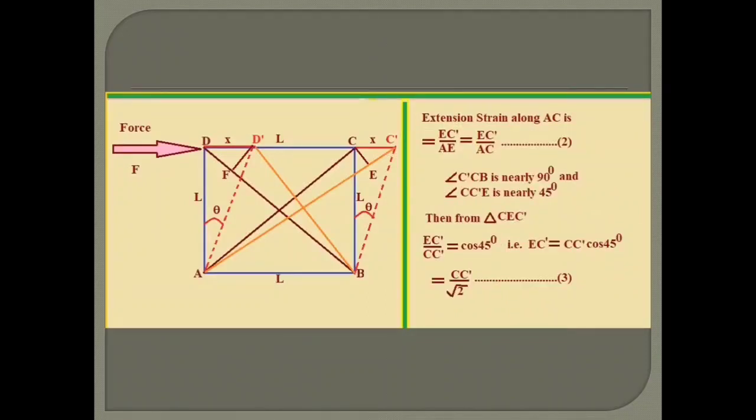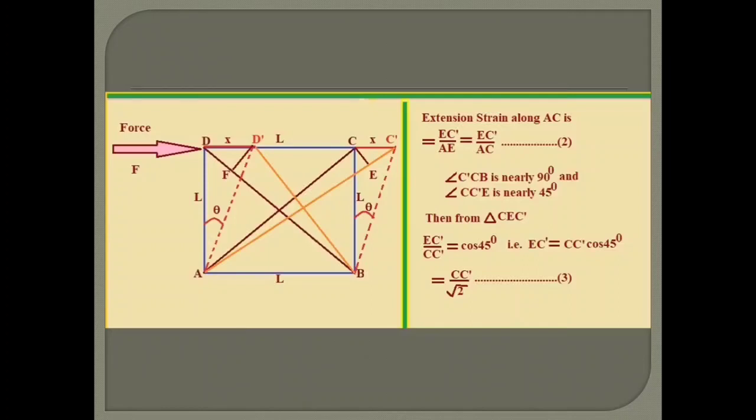Extension strain along AC is equal to AE divided by AC, which is equal to EC dash divided by AC. Angle C dash CB is nearly 90 degrees and angle CC dash E is nearly 45 degrees.